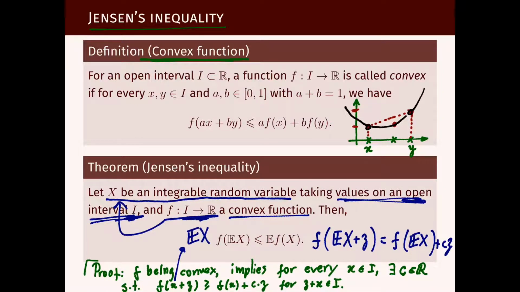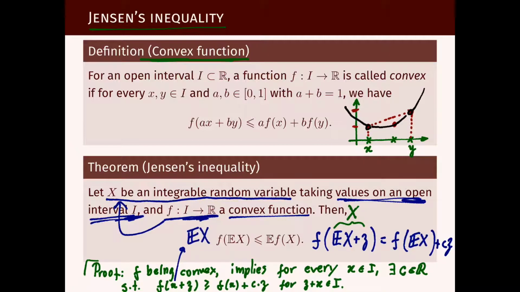And now we can define z to be X minus the expectation of X.